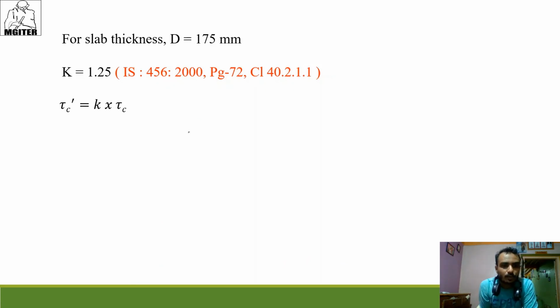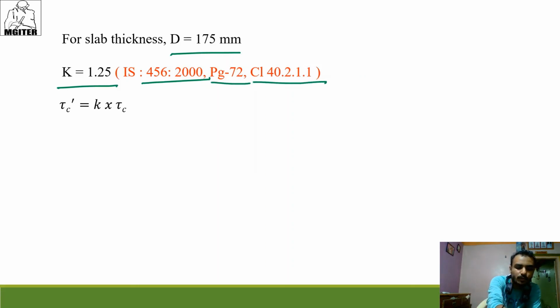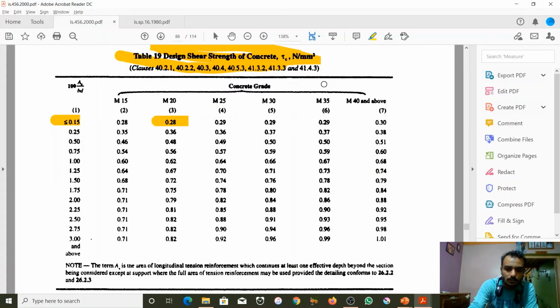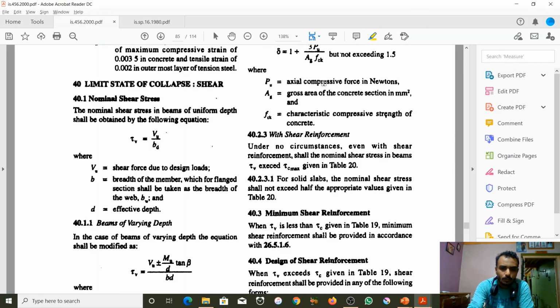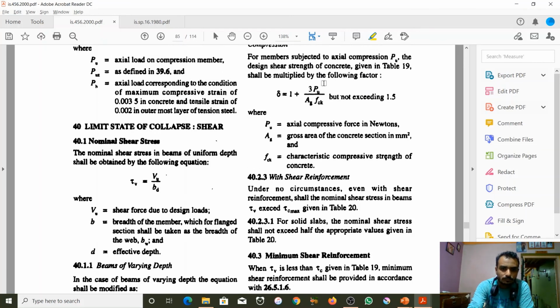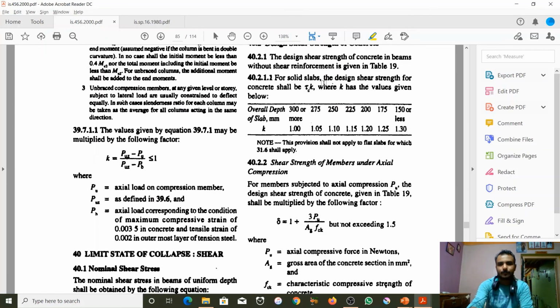And then for slab thickness D equal to 155 mm, K is 1.25. From IS 456 2000, page number 72, clause number 40.2.1.1, let's check. You can find the K value from here, based on the overall depth of slab.